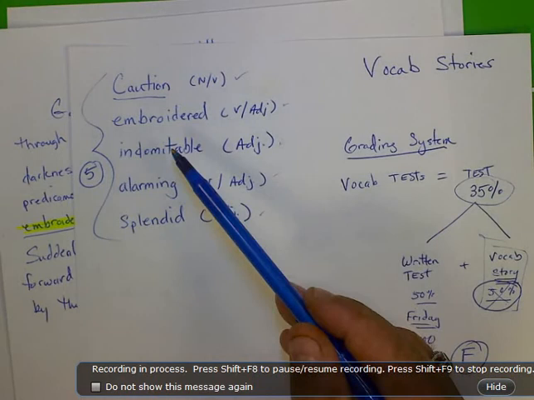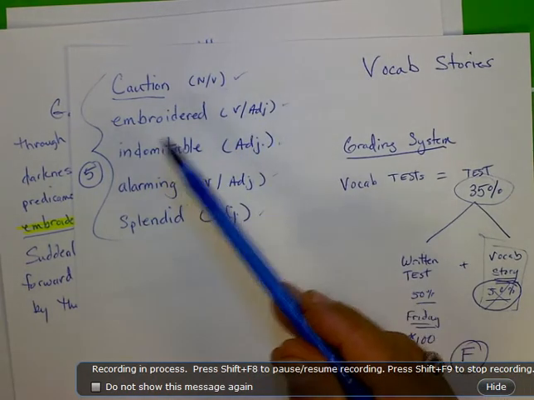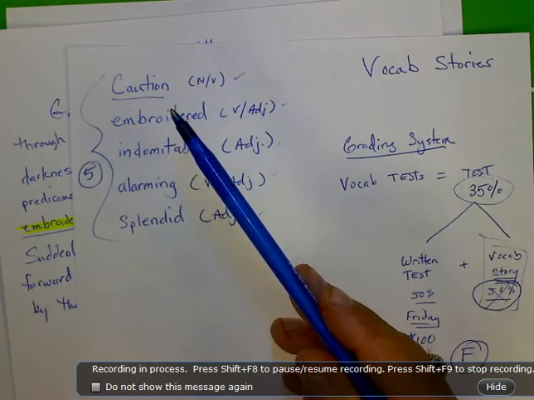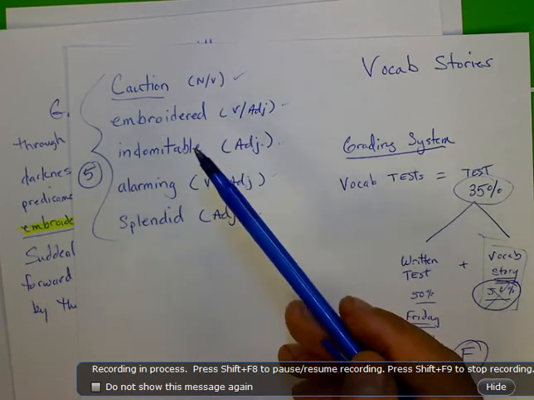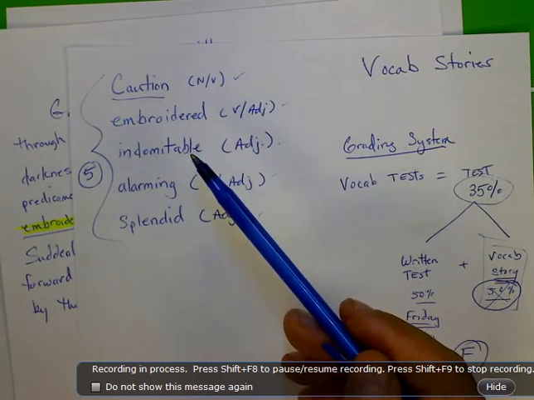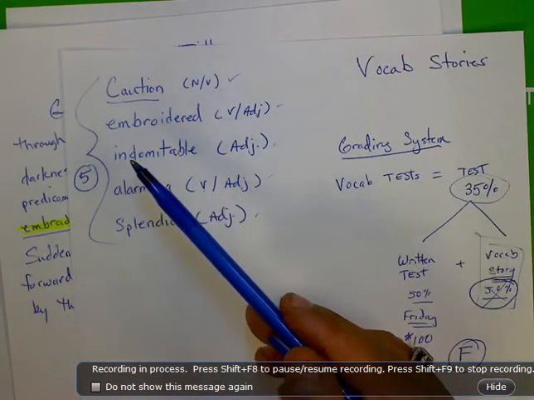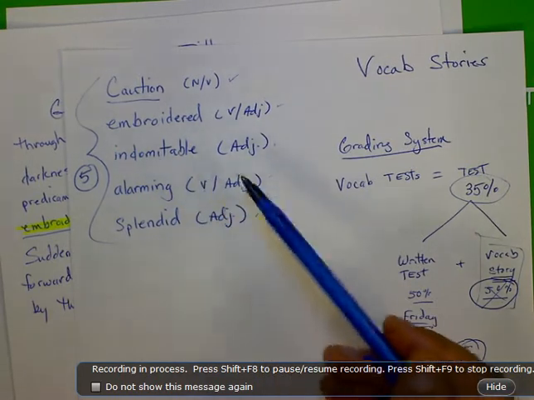Embroidered could be a verb or an adjective. I'm not really sure off the top of my head how it could be changed. Caution sounds like it's pretty much where it's at. Indomitable sounds pretty close. I'm thinking, if we get rid of the IN and make it dominable, you have words like dominate.